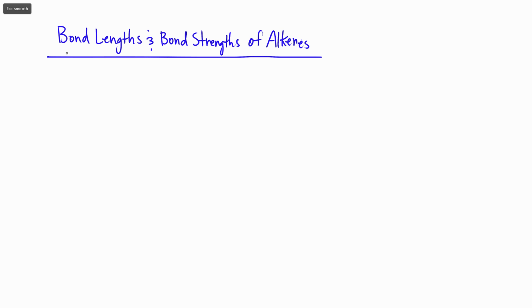We said that a triple bond is shorter than a double bond, which is shorter than a single bond. Okay?